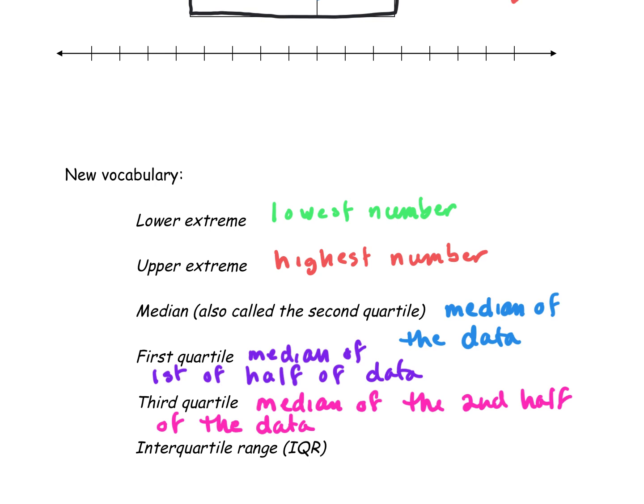So the interquartile data is located here, and the range would be from this point to this point, our first quartile point to our third quartile point. And this represents 50% of the data.